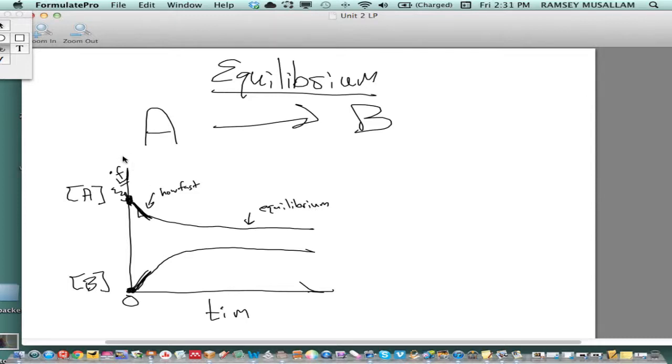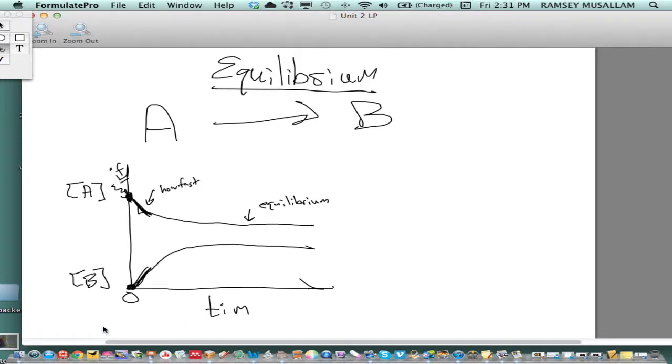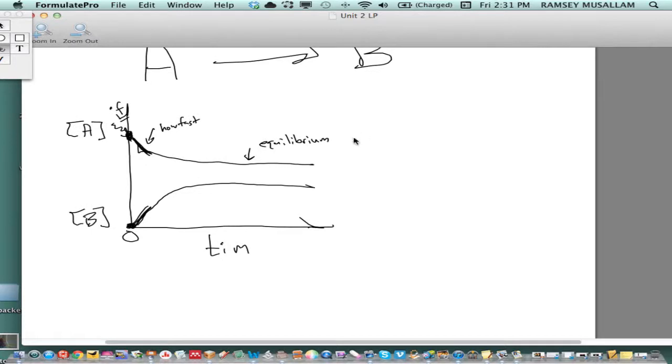Right here, in this whole area here, bear with me here. Right here, it's A goes to B. Is it possible over here for it to be A goes to B? No, because if it were A goes to B still, what would be happening to these levels? A would still be dropping and B would still be going up.